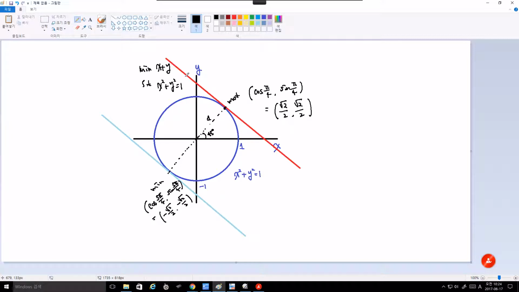Then the solution is this one. And then if we do the max of x plus y subject to x squared plus y squared equals 1, then the solution is basically this one, right? We know this one. And let's check whether our Lagrange approach finds the solution correctly.